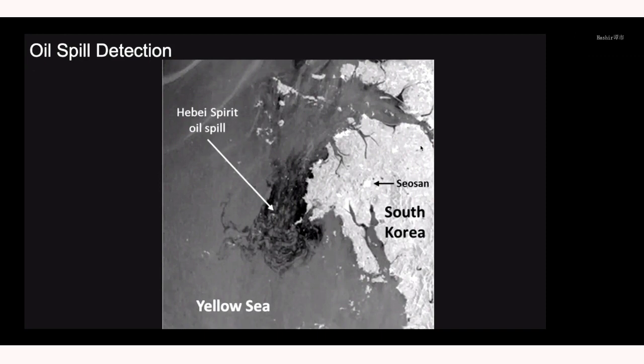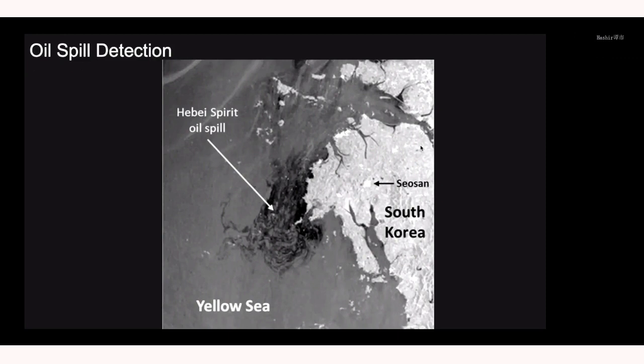When oil spills on the water surface, it smoothens the surface, so it stays still on the water surface. That is why the reflective energy goes away, and we can see it as black, because it's a very calm, smooth surface.